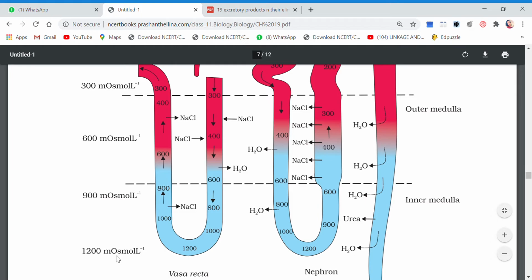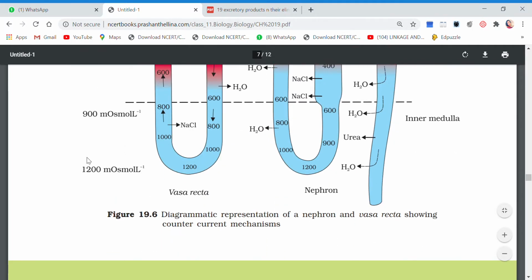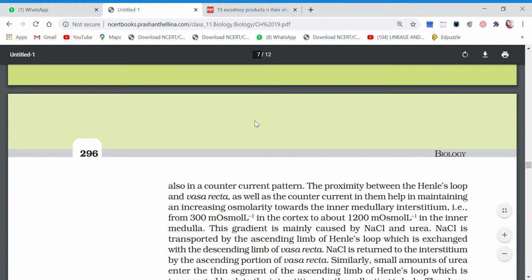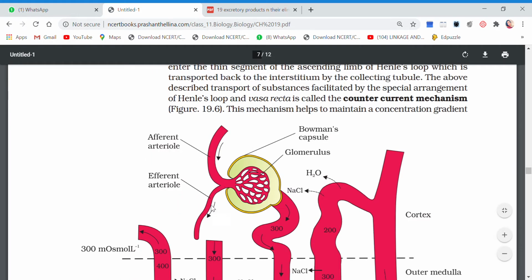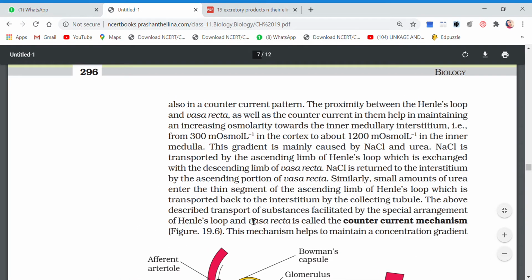You can see that from the cortex the osmolarity was 300, but as we move downwards towards the inner medulla the osmolarity is 1200. So again I'll read it for you: this counter current helps in maintaining the increasing osmolarity from 300 to 1200.